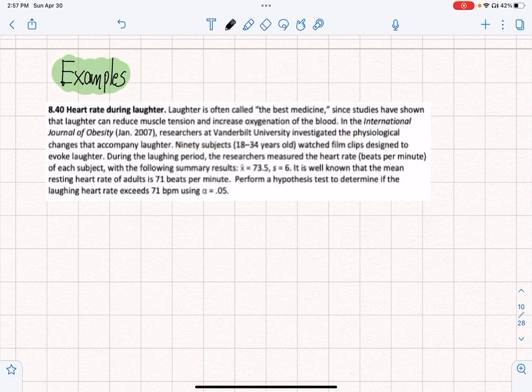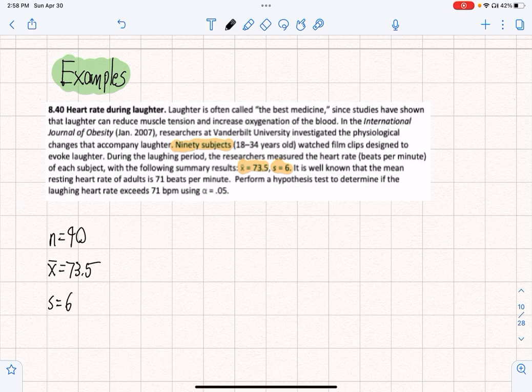So the first thing I do is just write down the information we were provided. So let's go piece by piece. First off, we have 90 subjects. N is 90. We were told that the average X bar is 73.5, and that the standard deviation was 6. So S is 6.